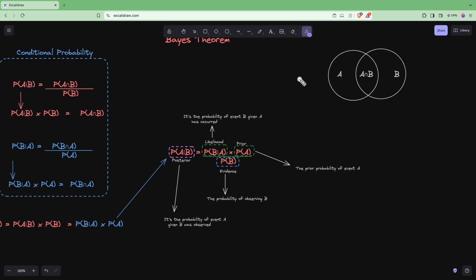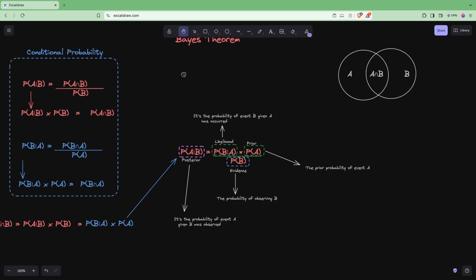So what we want is the probability of event A after event B has happened. Did you get it?